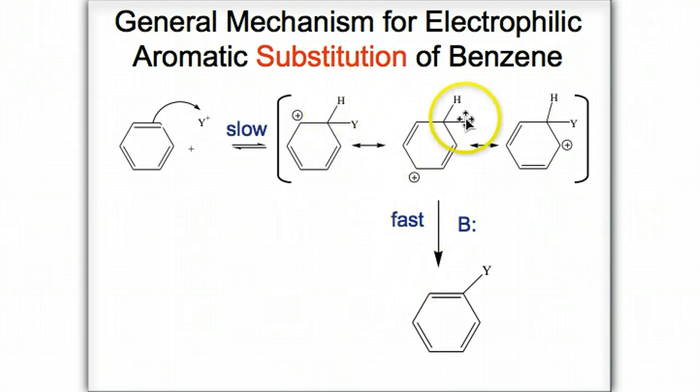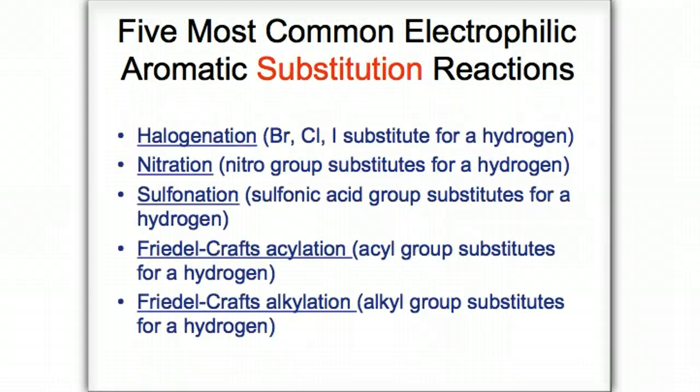Notice this proton right here is the one that is removed. So we have the first step, we have the second step, and we have a carbocation intermediate shown here in our diagram. Now let's look at a couple of the various reactions of benzene.